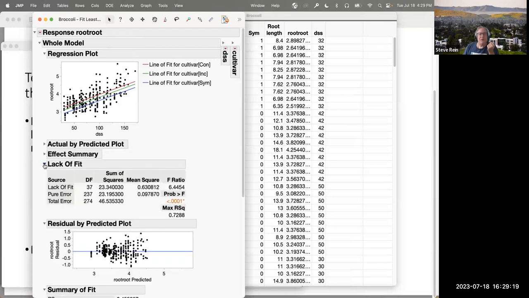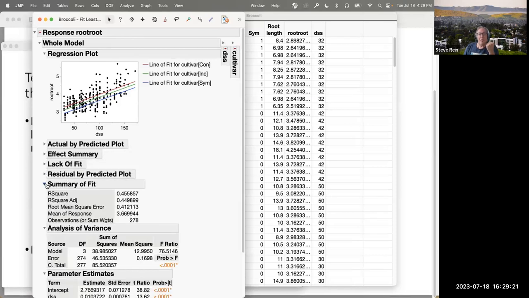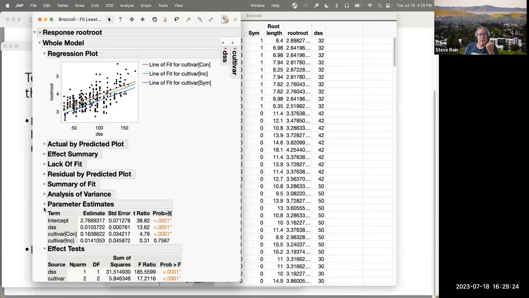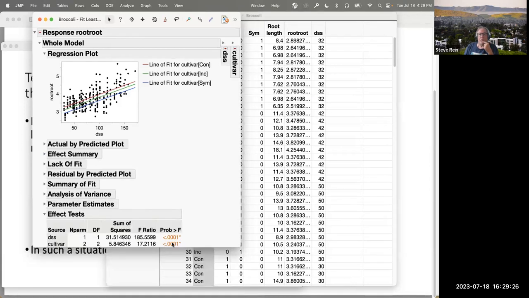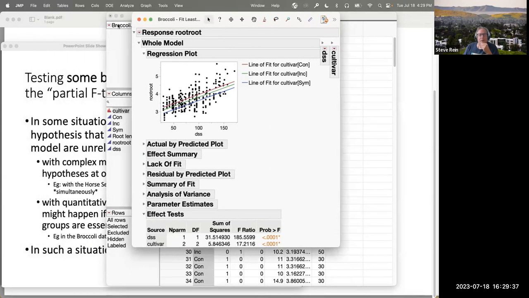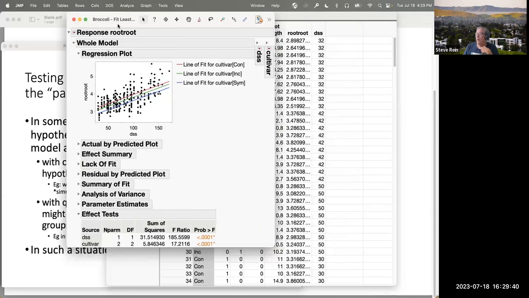The Tukey procedure says we don't really know that all three of them are really differing from each other, but our effects test, or adjusted sum of squares, says at least one is different from the others. Inc and sim were the two that we spotted as perhaps quite close. I'm saying red and green, con and inc, may be the same group.